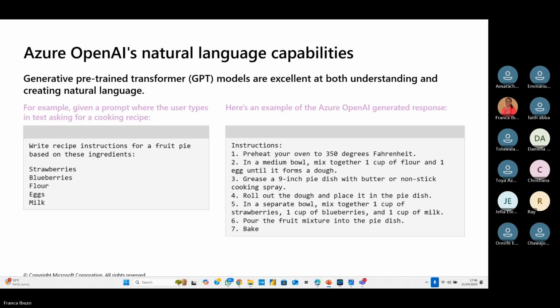It tells you that in a medium bowl, mix together 1 cup of flour and 1 egg until it forms a dough. It will tell you the steps and instructions, just like you have it here. So it gives you the recipe, because once you tell it to write the recipe, and you have the ingredients you want to use, it gives instructions.